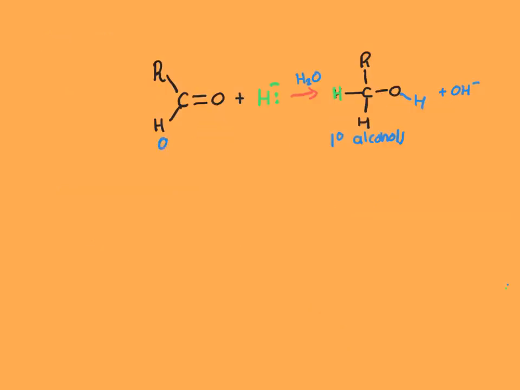So to summarise, aldehydes, when they undergo reduction with sodium borohydride, produce primary alcohols. And remember from alcohols, primary alcohols, when they undergo the opposite of reduction, oxidation, the oxidizing agent was acidified potassium dichromate.